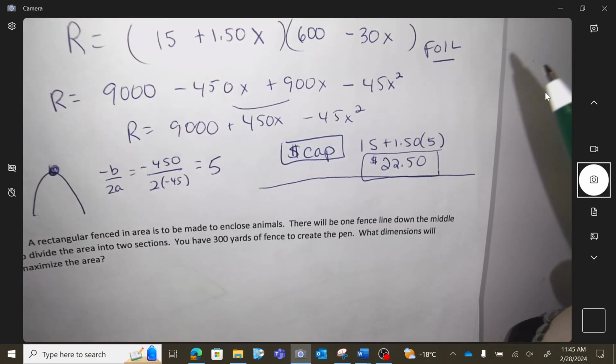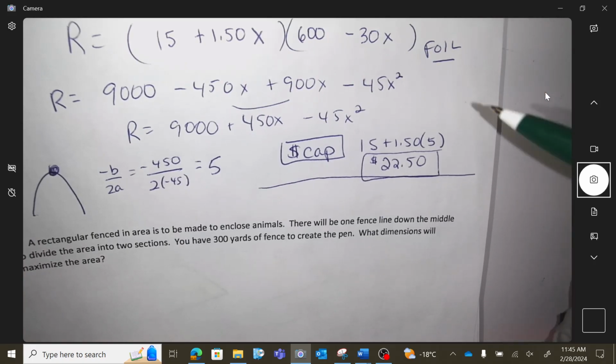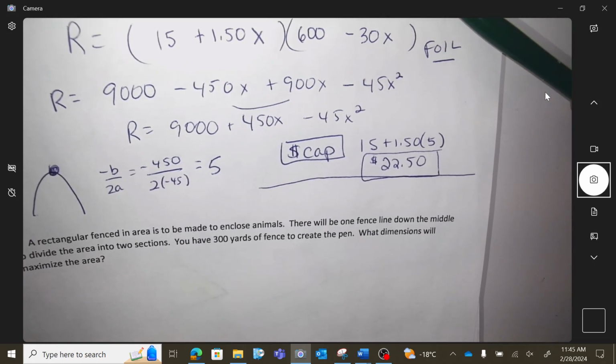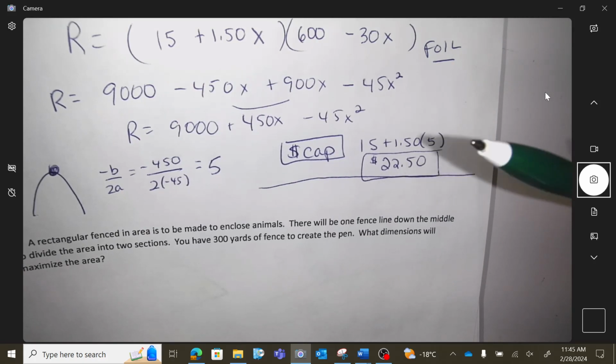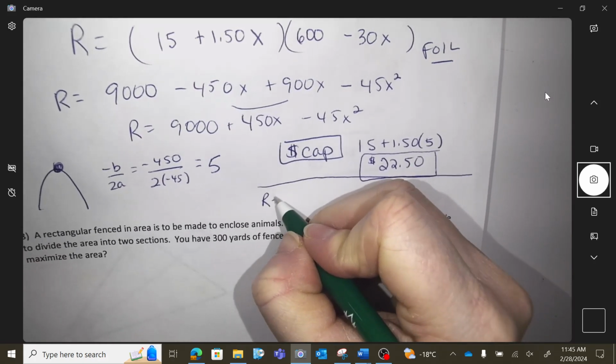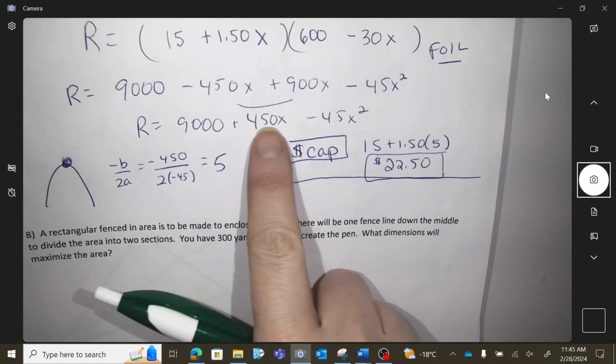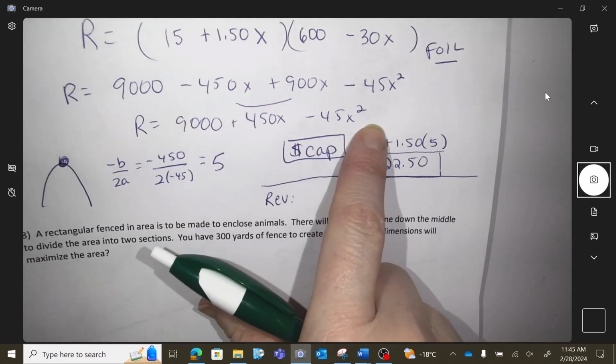So that was one question that I asked. What's the hat price? And the other question, what is the highest revenue? So now you do a plug-in, but into the whole thing there.